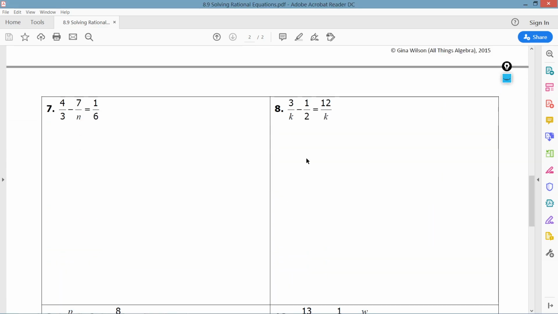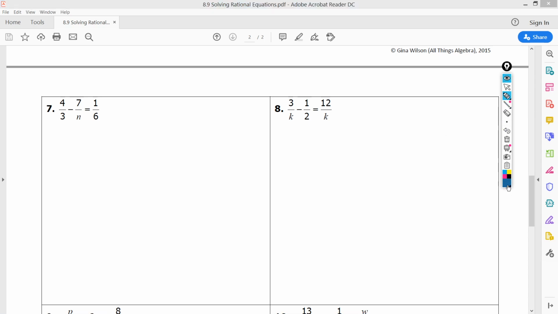All right, so now number 7, things are going to get a little messier, but it's still not too bad. Really, all you have to do is a little manipulation first. One way to do this is to get rid of all the denominators by multiplying everything by each other's denominators.